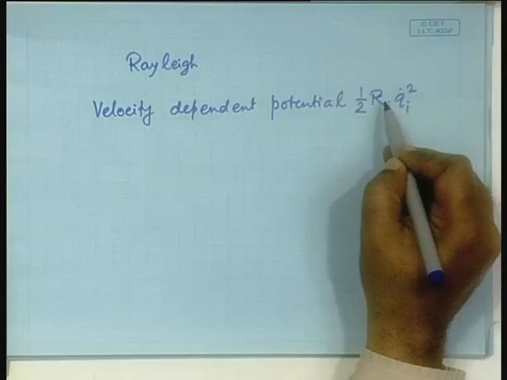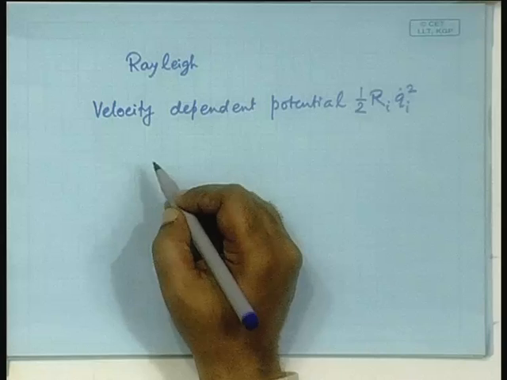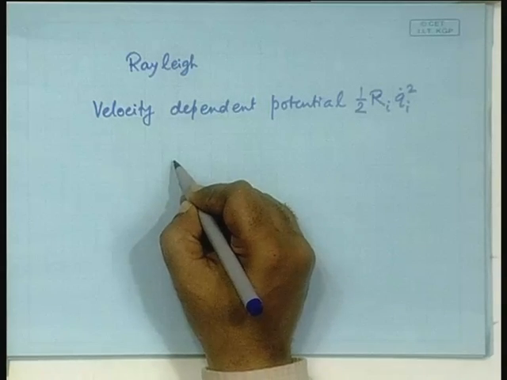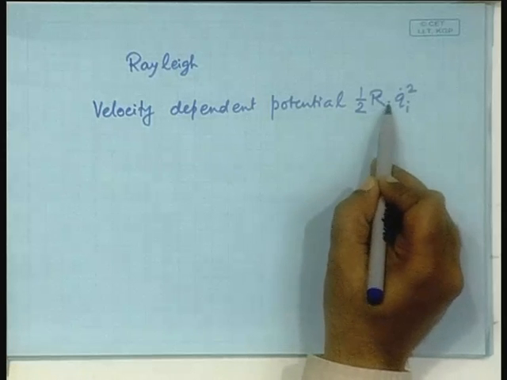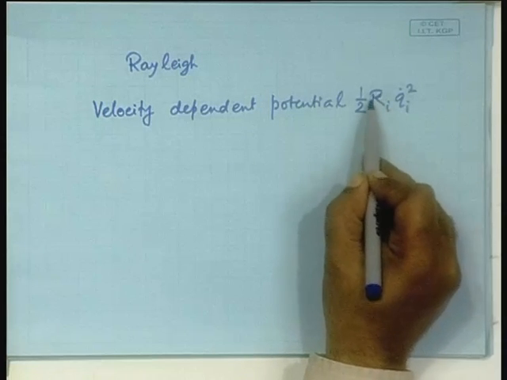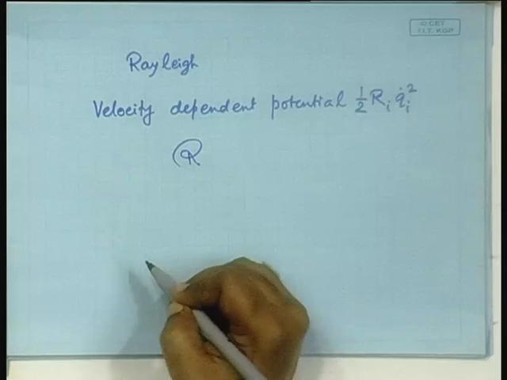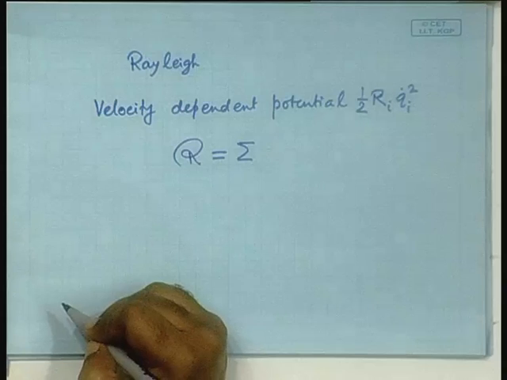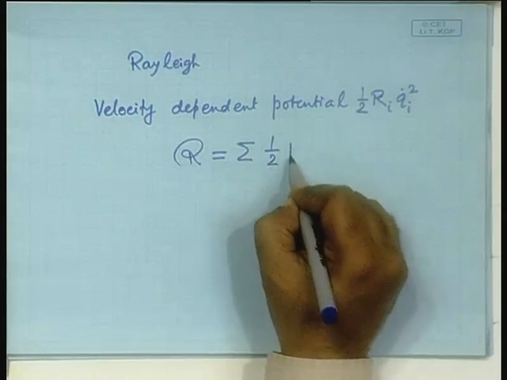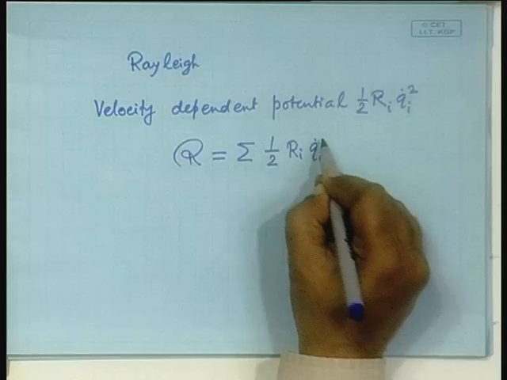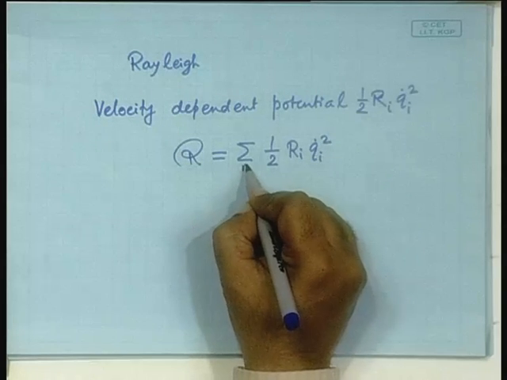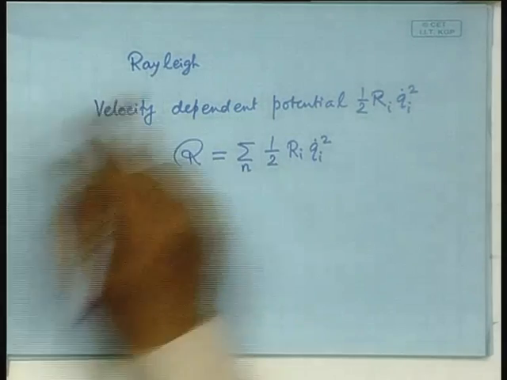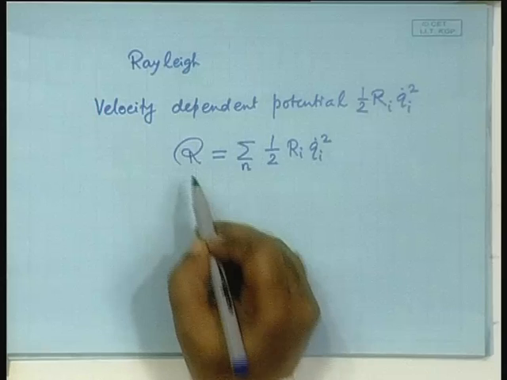So, the total Rayleigh potential, to distinguish it from this force coefficient r, I will express by a script R, which is equal to the summation over the number of generalized coordinates. That was the proposition of Rayleigh. Therefore, this is called the Rayleigh potential.